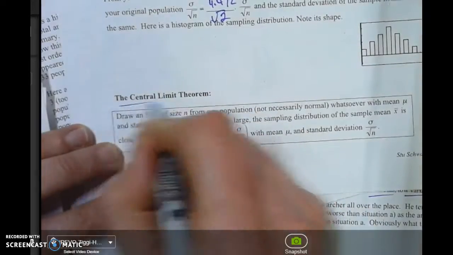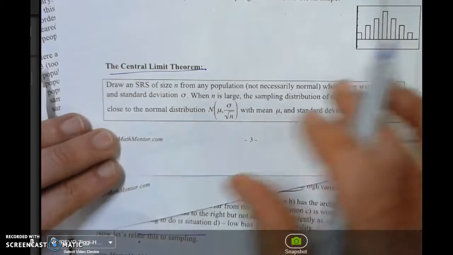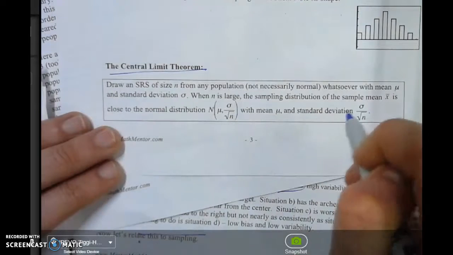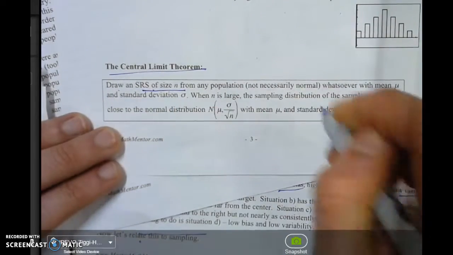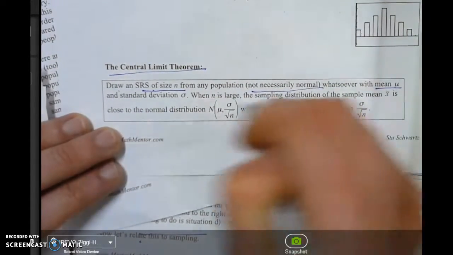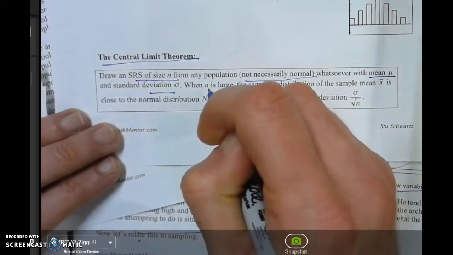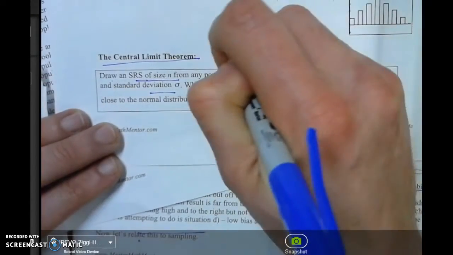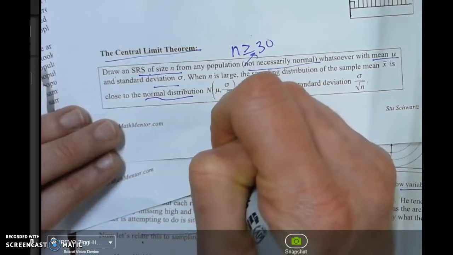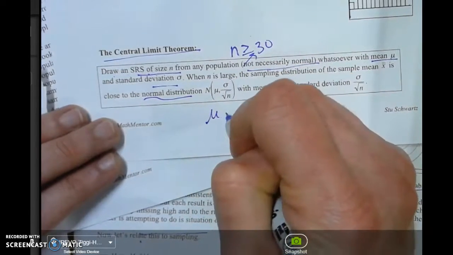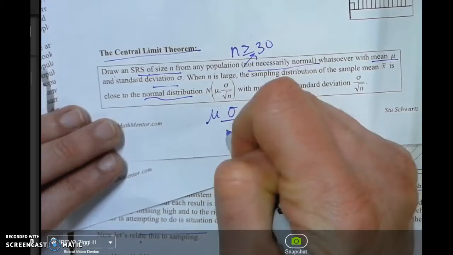So there is a very important limit theorem in statistics, the central limit theorem, which basically says that no matter whether or not the distribution is normal, if we have a random sample of size n from a population that's not even normal, with a mean of mu and a standard deviation of sigma, a population that we don't know, that's the parameter, then if the sample is large enough, usually that means greater than or equal to 30, that's the general rule, it's approximated by a normal distribution with an average mean value of mu and standard deviation of sigma over the square root of n.